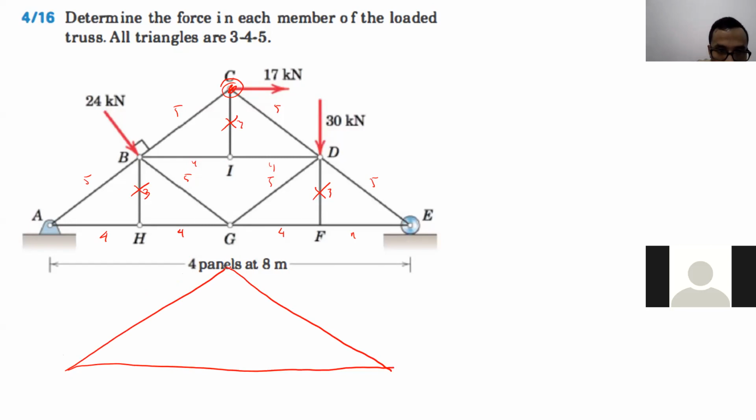At joint C there will be 17 kilonewton. Then at joint D, 30 kilonewton. Joint B, 24 kilonewton. And CI I can delete. So now it becomes like this. BH and DF I can delete as well. Now it becomes like this.